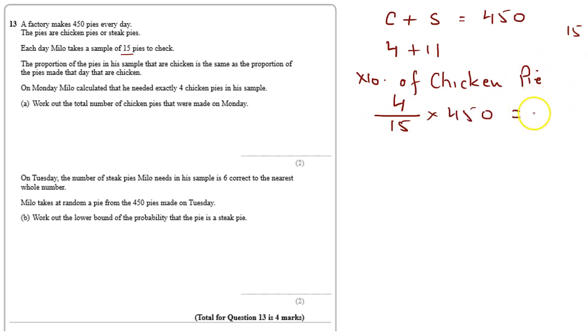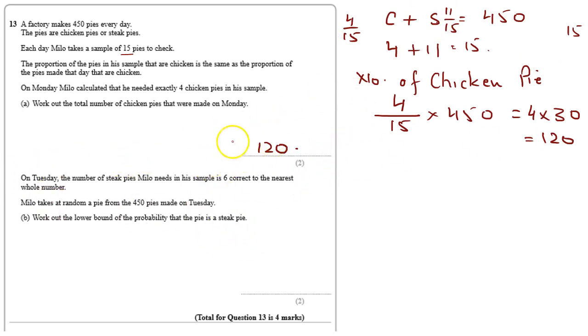So that is equal to 4 multiply 30. So that is 120 chicken pies that day he has made. This is 15, so it means the chicken pie is 4/15 and steak is 11/15. So that's how we calculate.